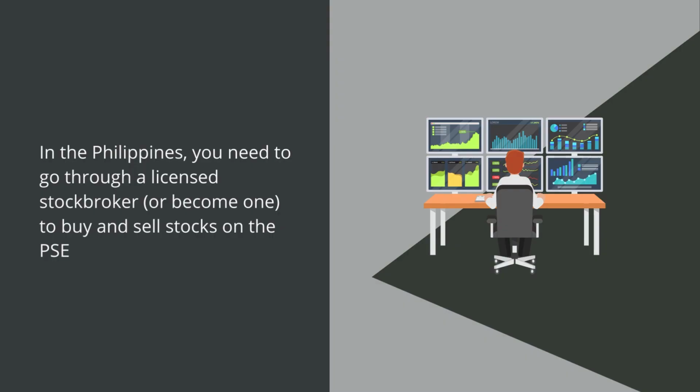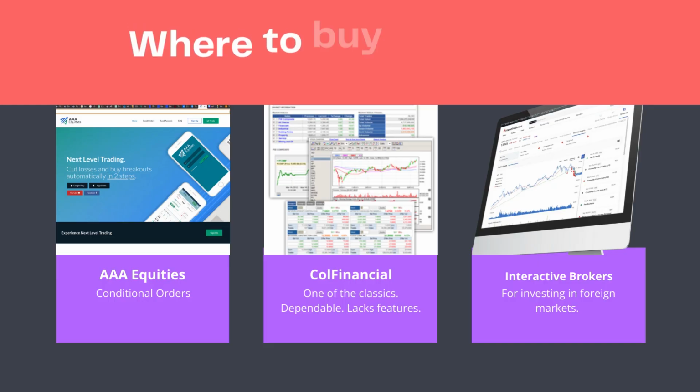Here in the Philippines, you need to go through a licensed stockbroker or become one to buy and sell stocks on the PSE. PSE means the Philippine Stock Exchange. So that's the physical marketplace of stocks, at least here in the Philippines.